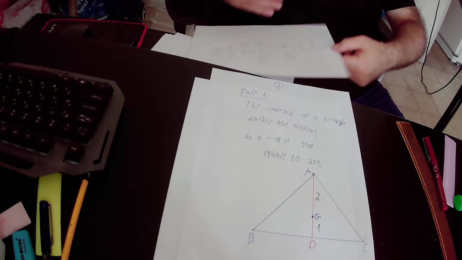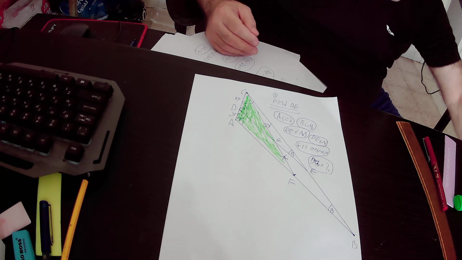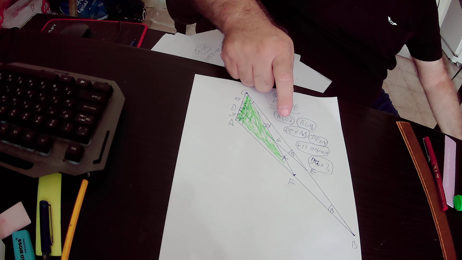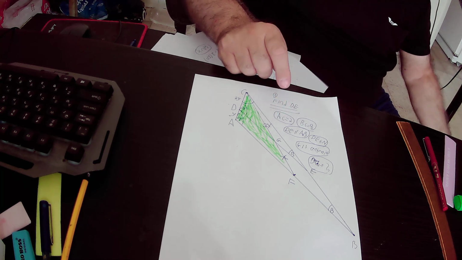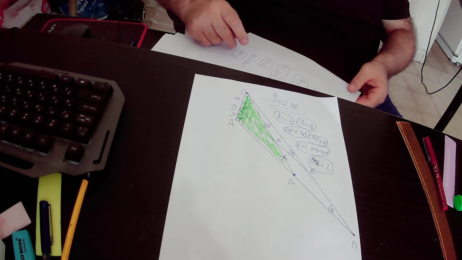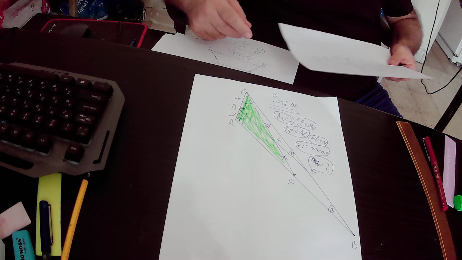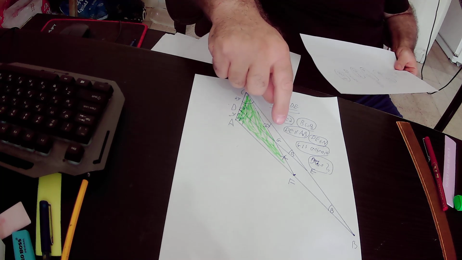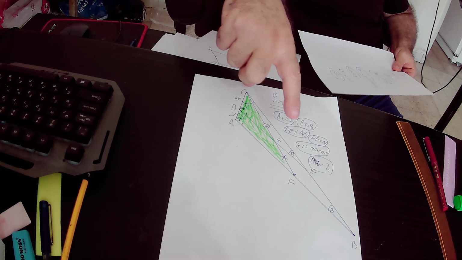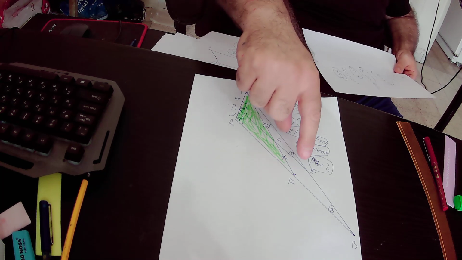So we can implement rule number 1 in our triangle, because in our triangle point G is the centroid of triangle ABC, and according to rule number 1, the centroid G divides the median CF in a ratio of 2 to 1.